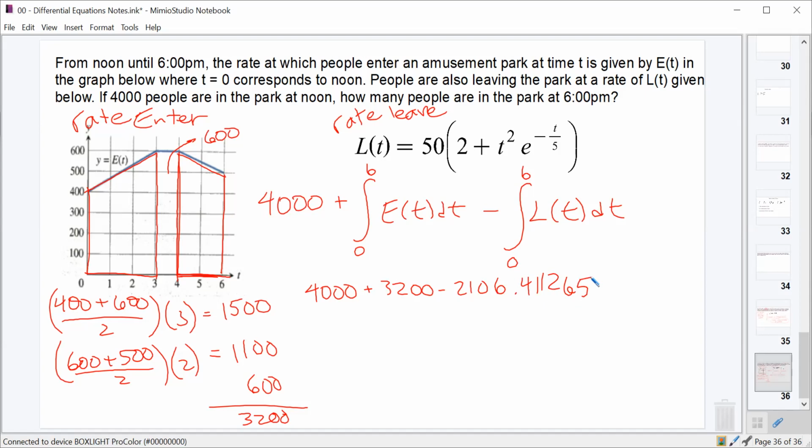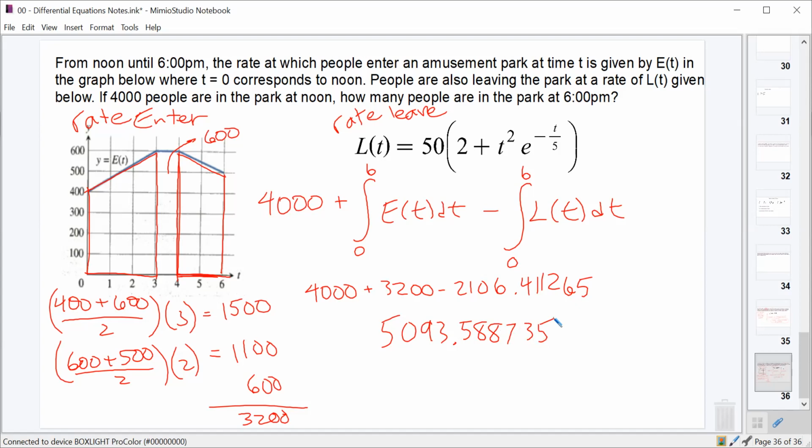And if you subtract from that 2106.411265, we're going to end up with 5,093.588735.